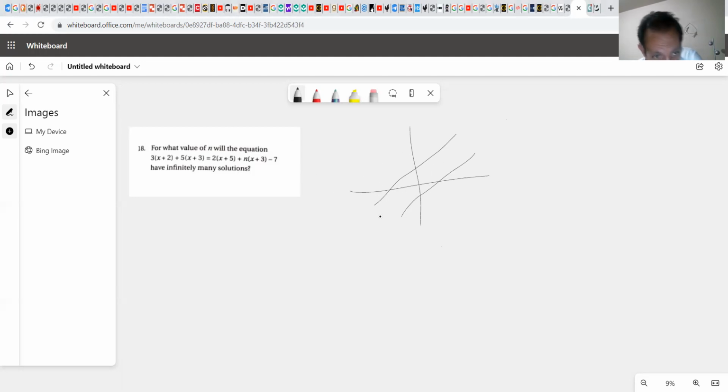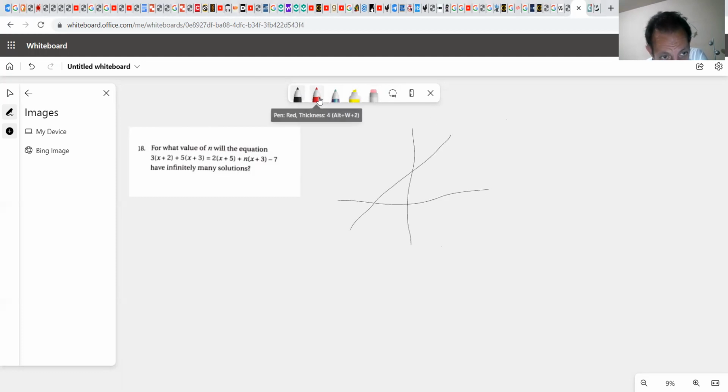But the case for this would mean you have one line and then another line which is basically the same. It could be written in a different way, but ultimately it's the same expression, the same line. So these two lines are right on top of each other, so they have infinite solutions.